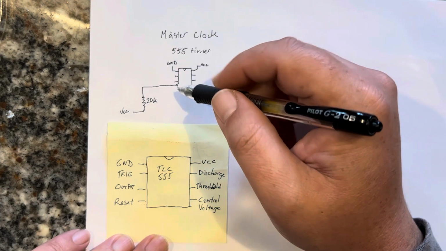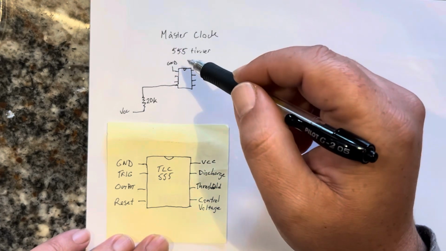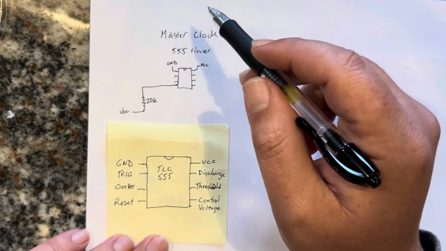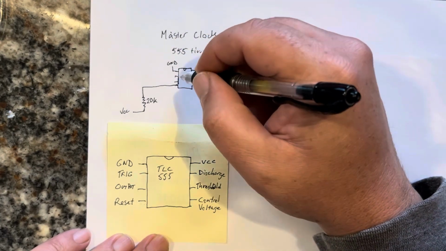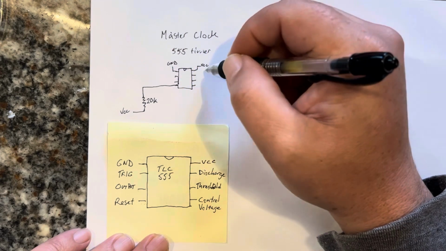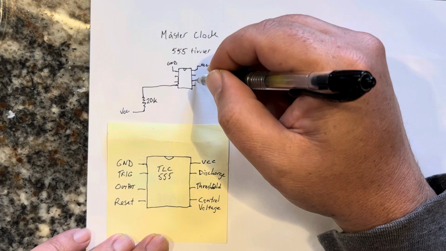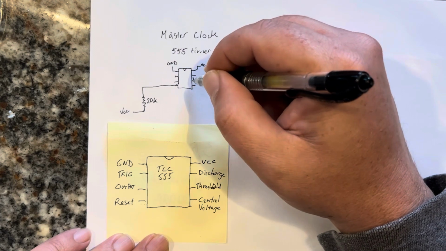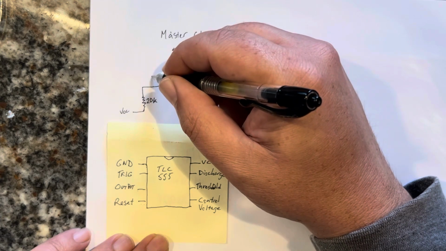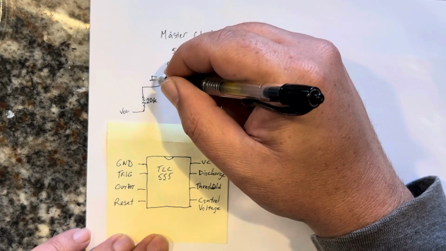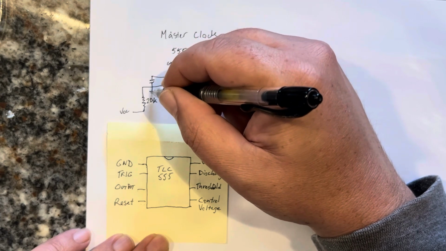You want it to reset when you put a low pulse in here, and that's for that later reset signal that is coming later. The way to wire this in astable mode, you basically have to put pin 2 through a capacitor to ground.